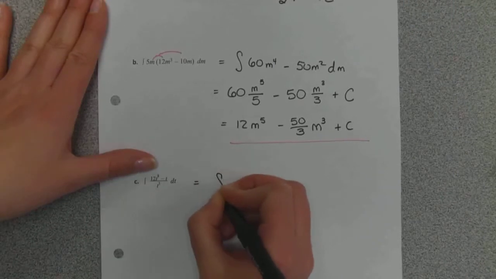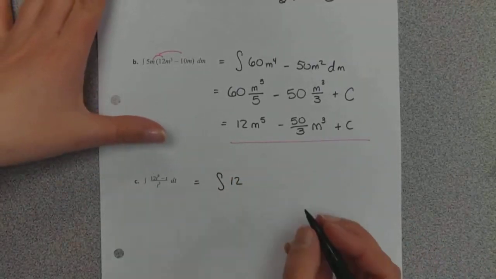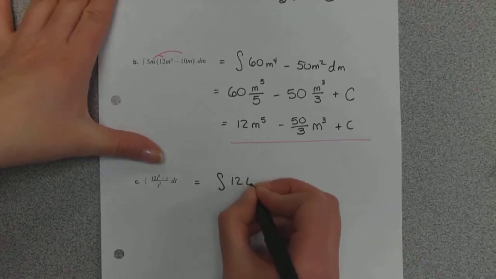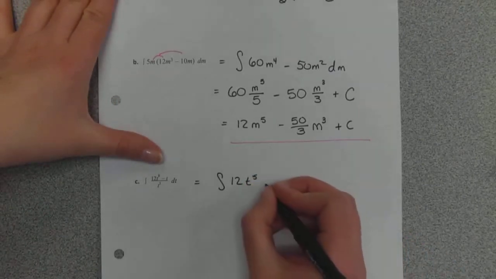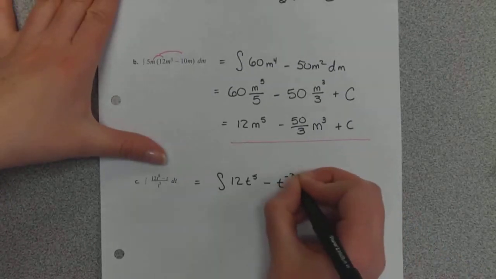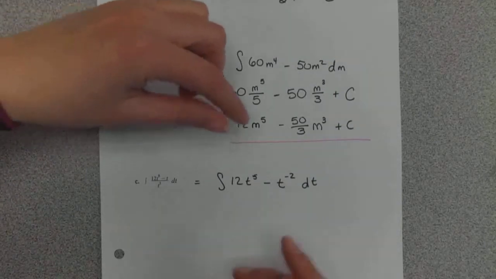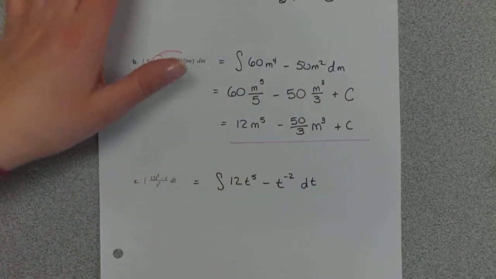So I have to do the integral of distributing the division, t to the 8th divided by t to the 3rd is t to the 5th. So 12t to the 5th minus t to the negative 2 dt. If I reduce that, there's no point writing it as 1 over t squared because I don't have a rule for that. I have a power rule instead, so write it in power form. Okay. Then you can do both parts of the sum.